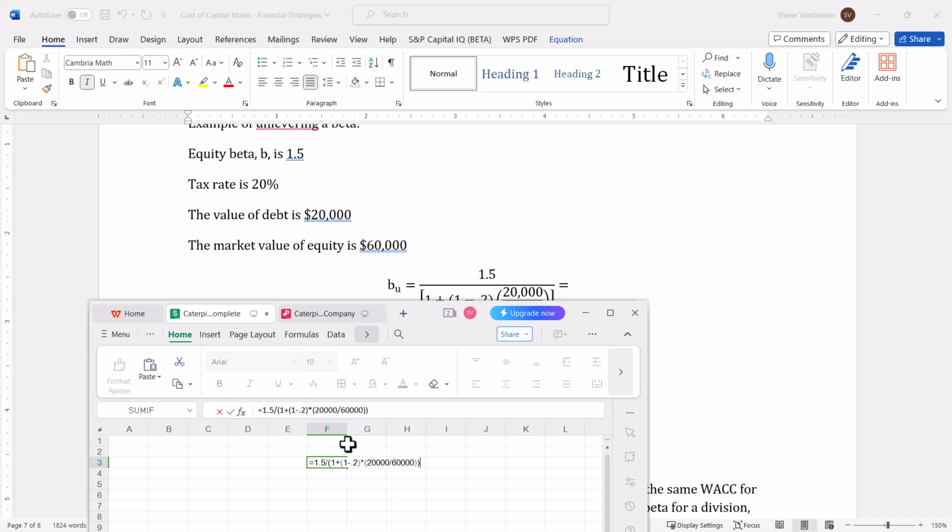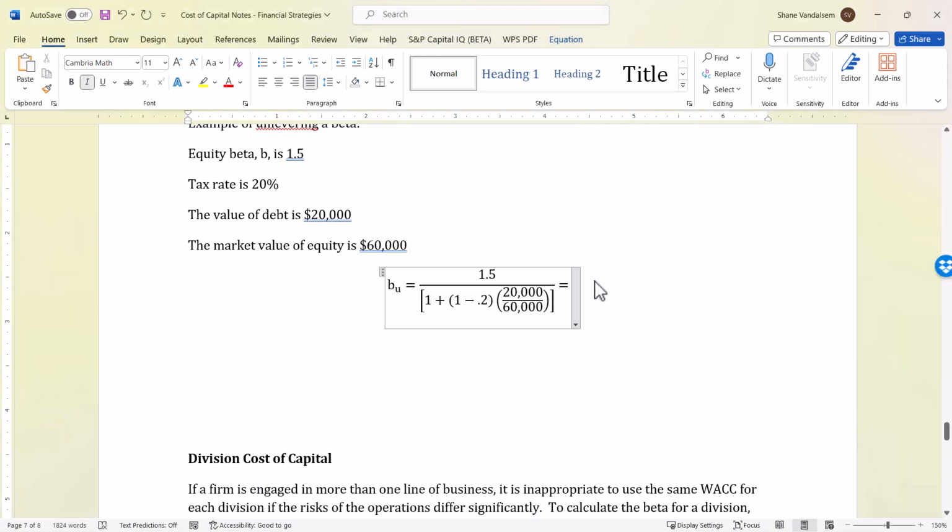Now, before I press enter, one thing to note is that since we have debt in our capital structure, the unlevered beta should be less than the levered beta, or the asset beta should be less than the equity beta. Okay, so I get a value here of 1.1842, but we'll just round that to 1.18.